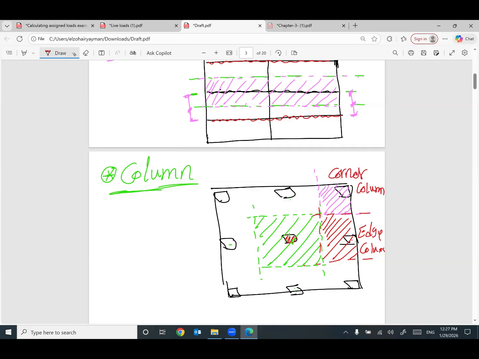And this one is called interior column. And we can conclude the interior column is supporting more load than the edge column, than the corner column. Anybody has any question regarding these concepts before starting to solve our problem?